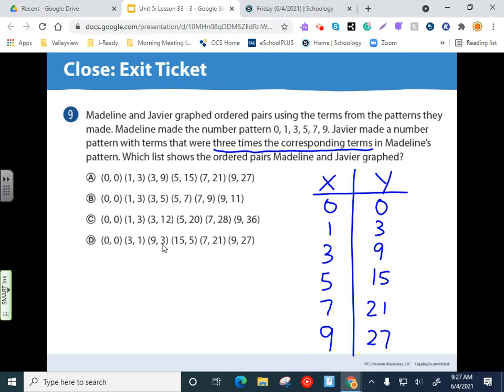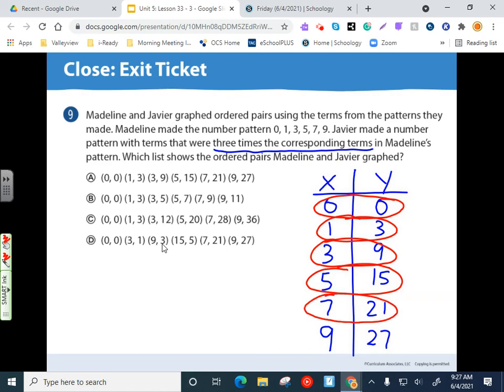And now what we have here are ordered pairs. I'm just circling these to make them easier to point out. And lucky for us, if we look here, we've got this one, this one, this one, this one, this one, and this one. So we basically answered that with A. So that's how we came up with the points for that.